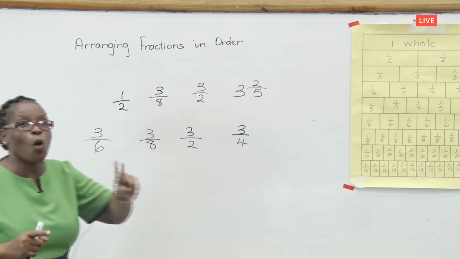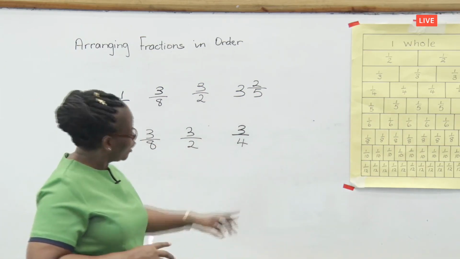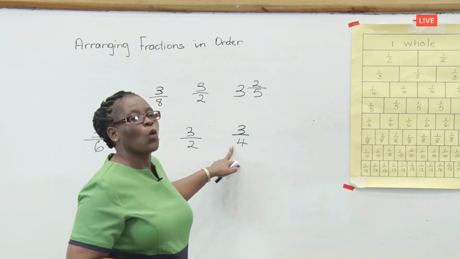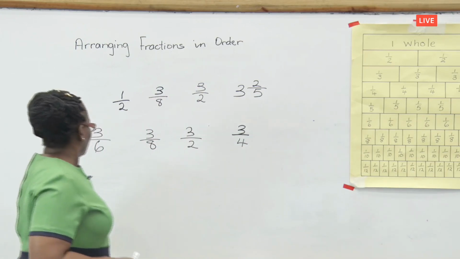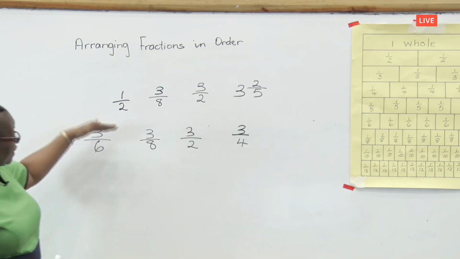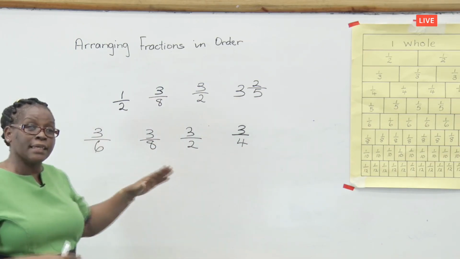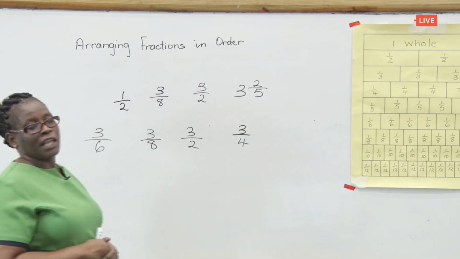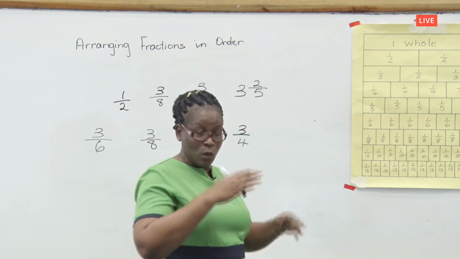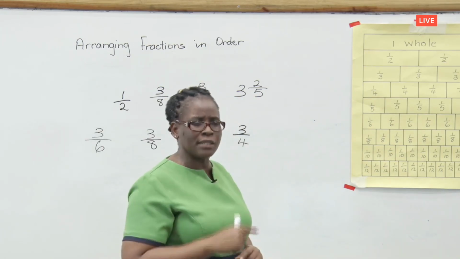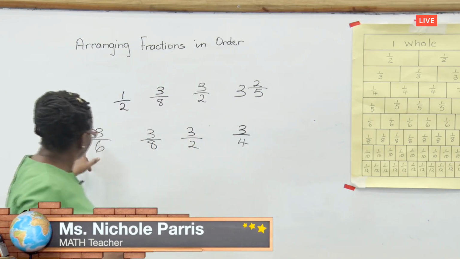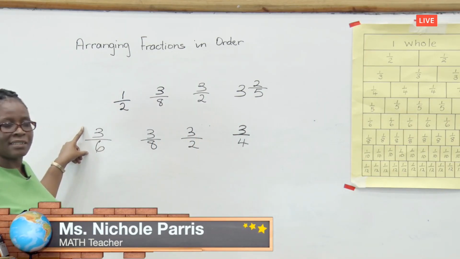Yes, 4 pieces. The denominator tells us how many pieces. So 4 is here, and whenever we are talking about 4, we say quarters. Now, we are not sure if this will work like unit fractions, but we are going to see. I'm going to show you an easy way to look at it, and we only have to do it once, and then we can make our generalization.